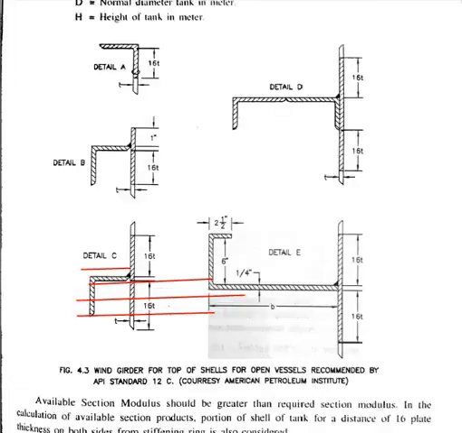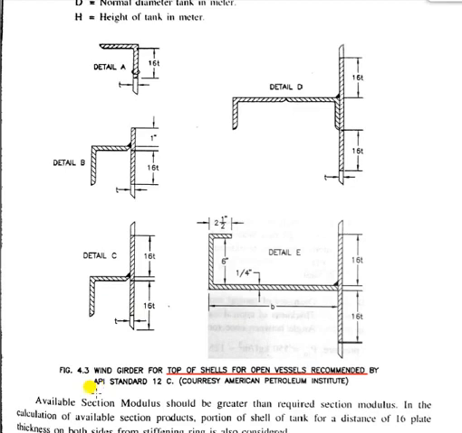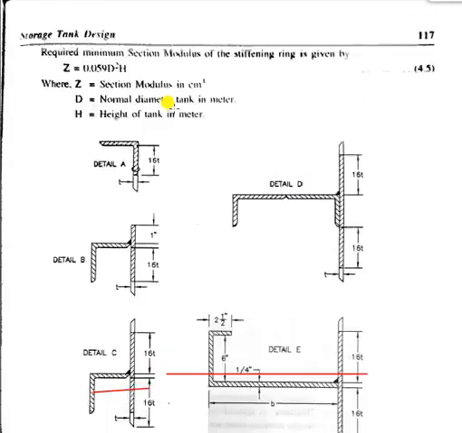In the figure, a number of various types of girders are given, wind girders for the top of the shell for open vessels recommended by the API standard, the American standard. Details A, B, C, D and E are given, which have different thicknesses and different heights.